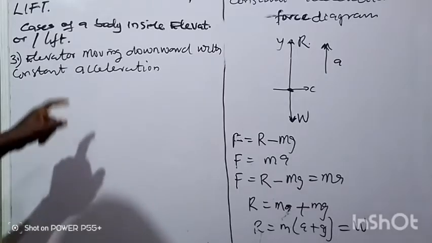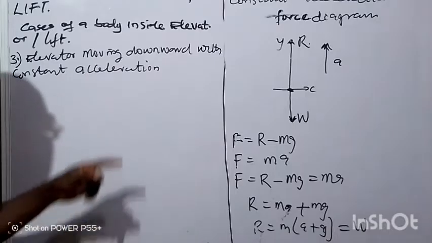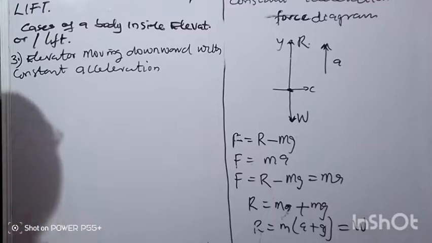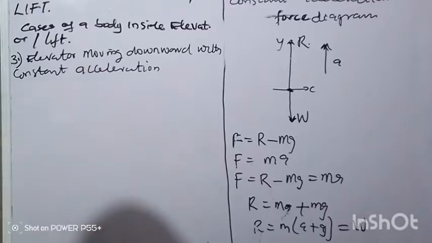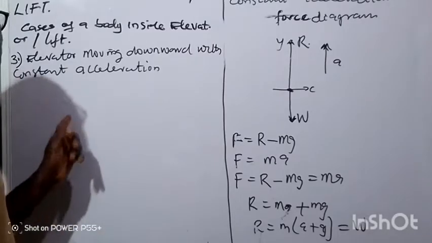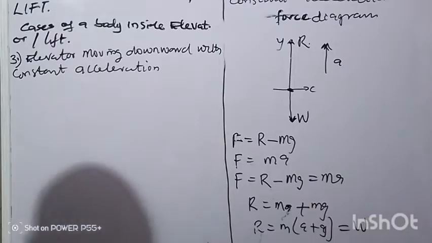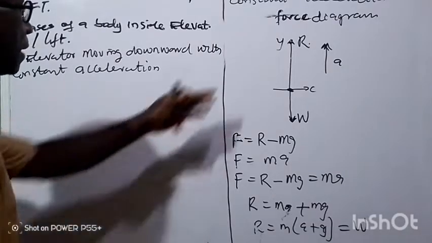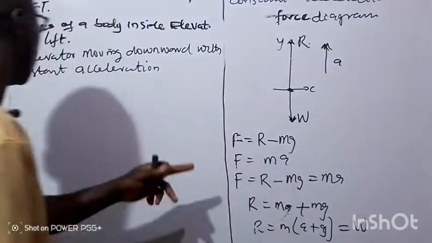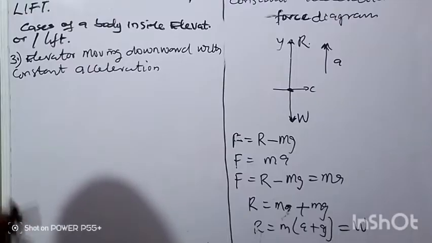Because the reaction on the floor of the elevator is less than the weight of the object, or in another way, the weight of the object on the floor of the elevator is greater than the reaction on the floor. So unlike when it is moving up, where the body gains weight, under this one the body will lose weight.